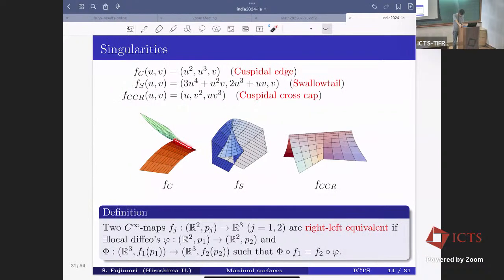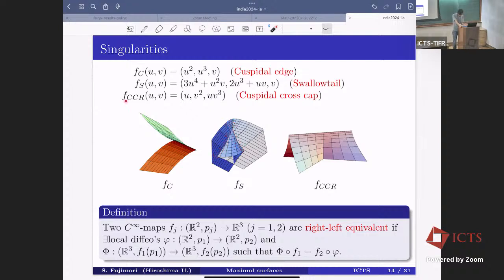So we have this line. This is called cuspidal edge. And we consider this surface, so we have a singularity here, and this point is called a swallowtail.